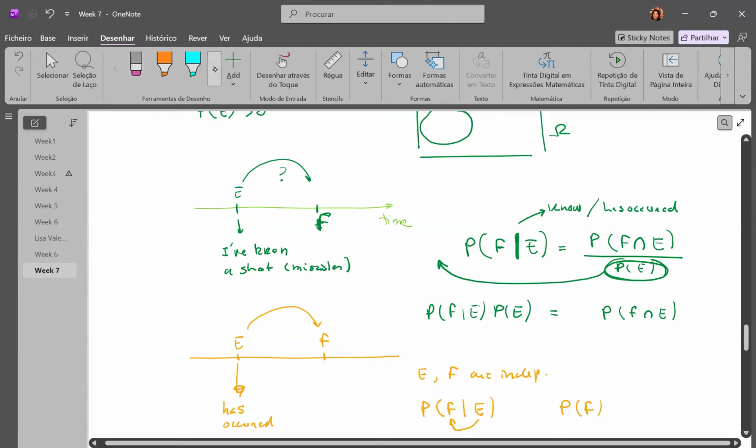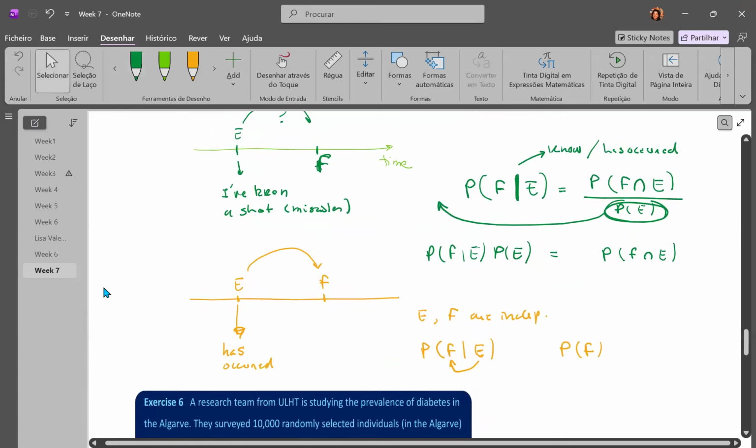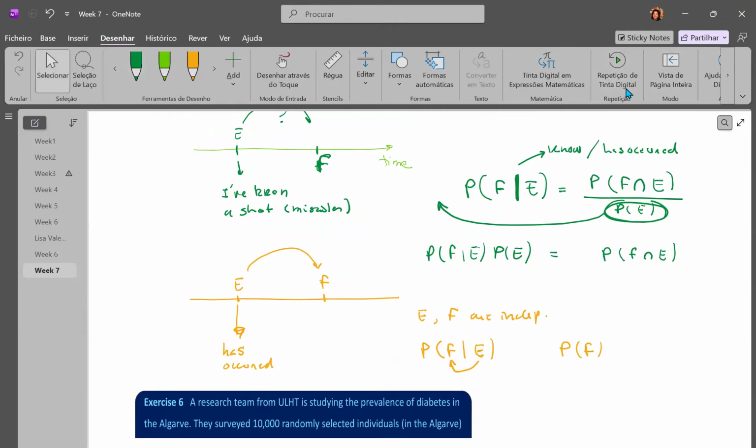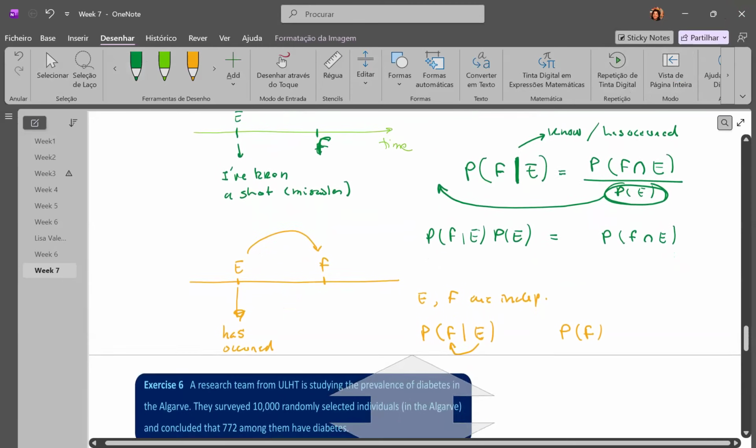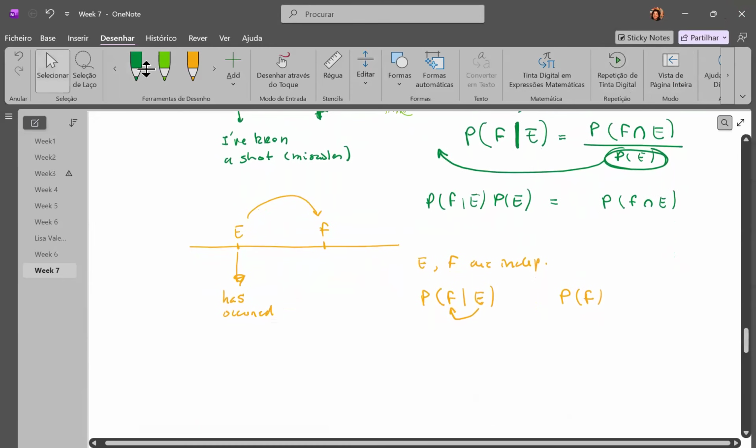Ruth, I tell you something like this. Listen, Ruth, I believe that you arriving on time at uni is independent of the fact that I also arrive on time at uni. I believe that they are independent. And then I'm going to ask you this. Good.